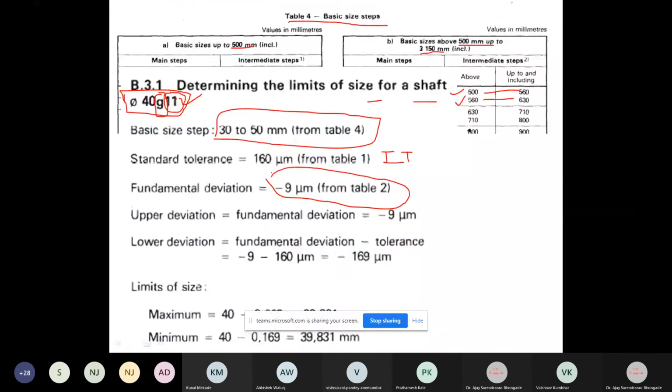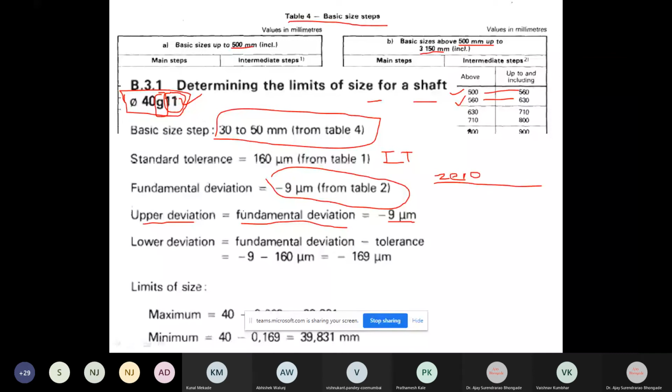So we can now work out the upper deviation, which is nothing but the fundamental deviation. That fundamental deviation is minus 9 micrometer, because what we had understood is that this is the zero line and our shaft lies somewhere below it.